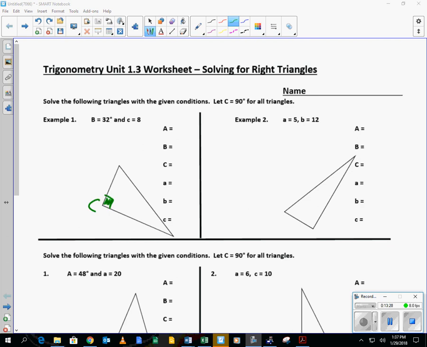All of these triangles are going to have a 90-degree angle. We'll call all those angles C. Uppercase C. The capital letters are angles. The lowercase letters are sides. Capital letters are angles. Lowercase letters are sides.